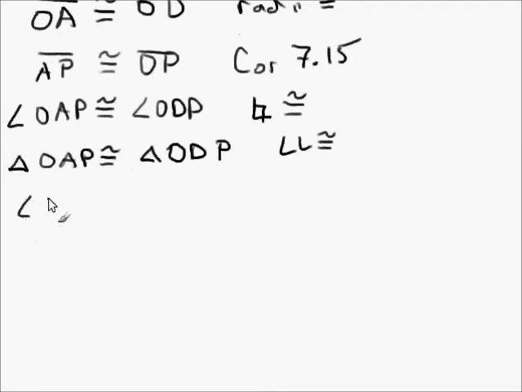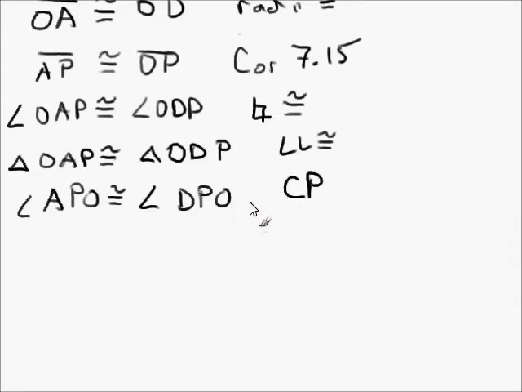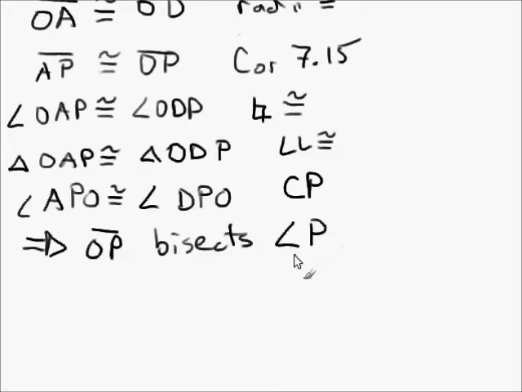This is angle APO, and that's congruent to angle DPO, by corresponding parts of congruent triangles are congruent. And that means that the line OP bisects angle P, or angle APD.